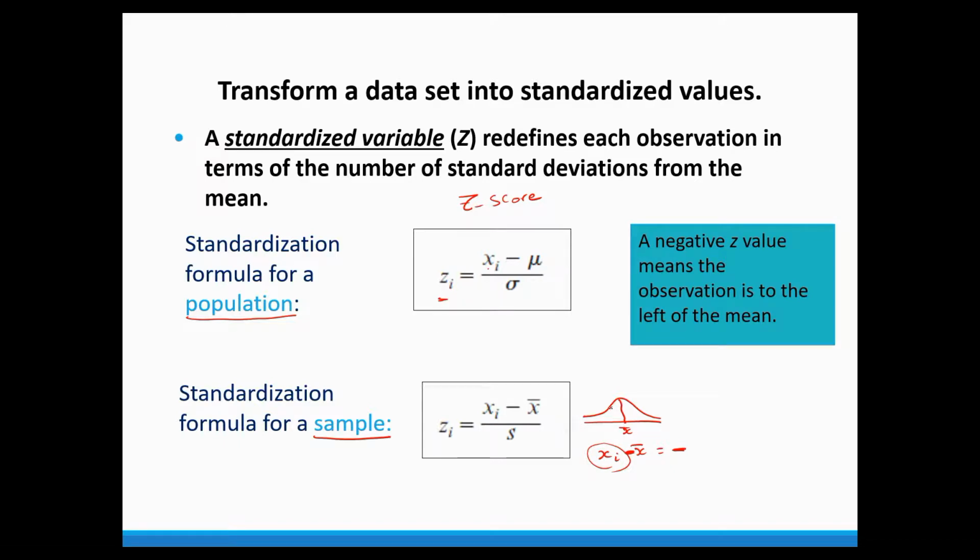In this case, it's some value here at the left. But if the difference between xi and x bar gives us a positive value, this means that the value is at the right of the mean.